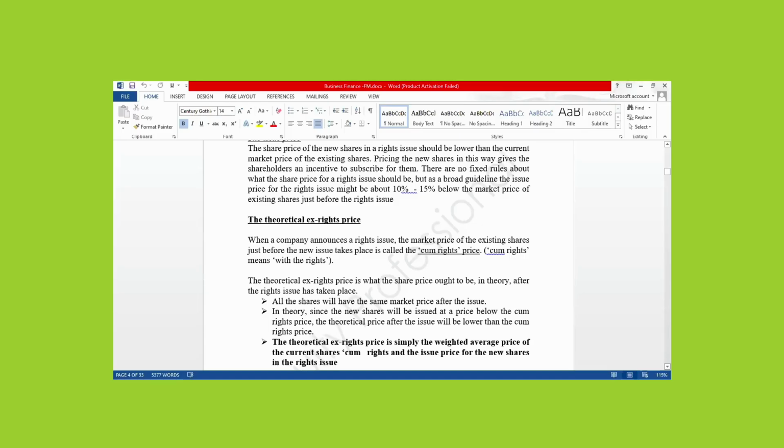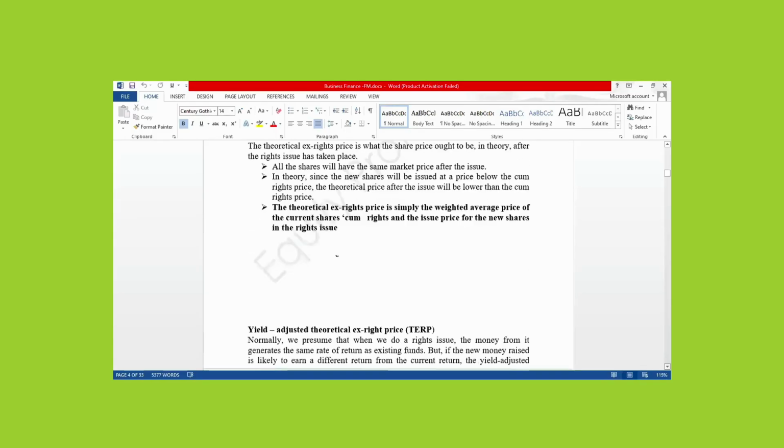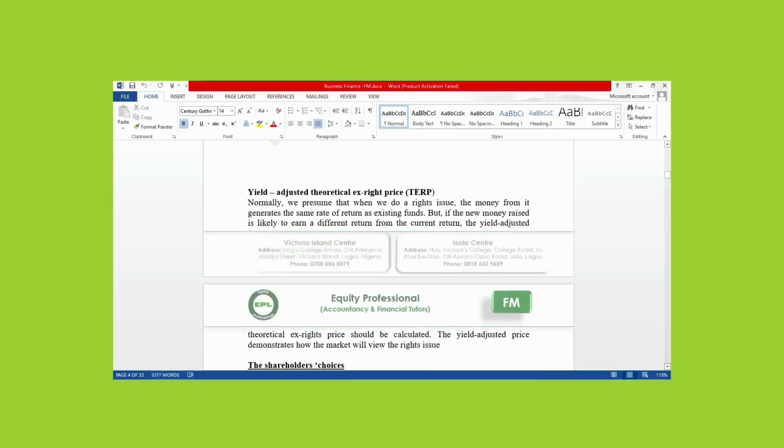After the company has completed the rights issue, your theoretical ex-rights price is what the share price ought to be. We explain this also. We equally explain yield adjusted theoretical ex-rights price.